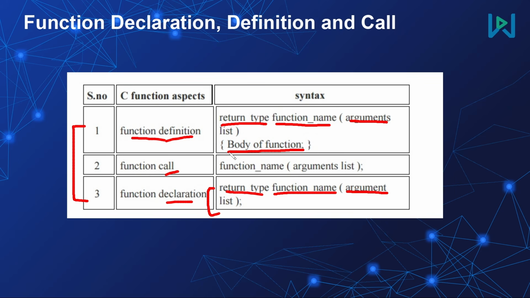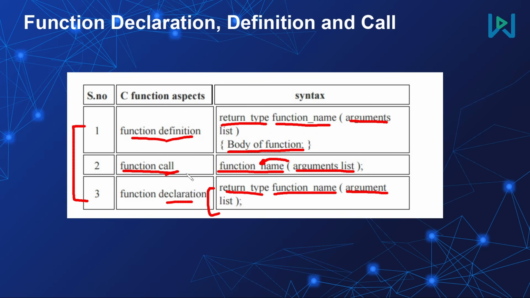Finally, after declaring and defining our C function, we can invoke it within our program. The invocation consists of calling the C function name with a list of the input parameters to be passed to this function.